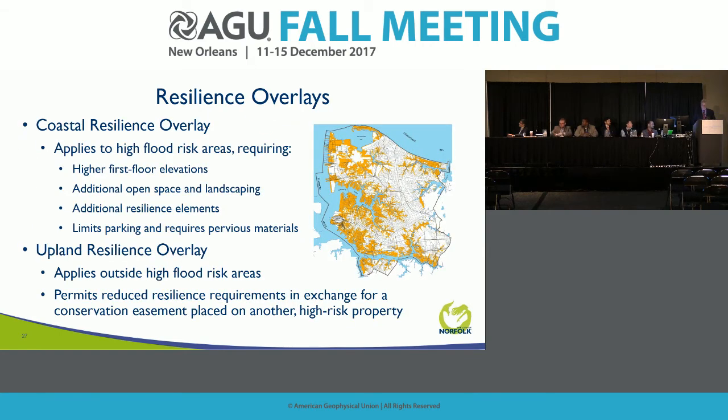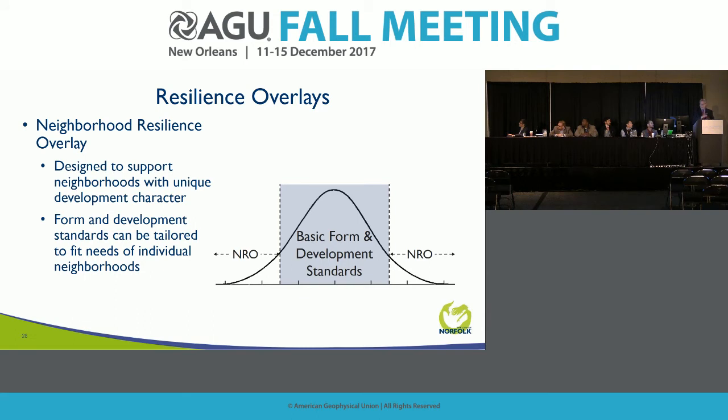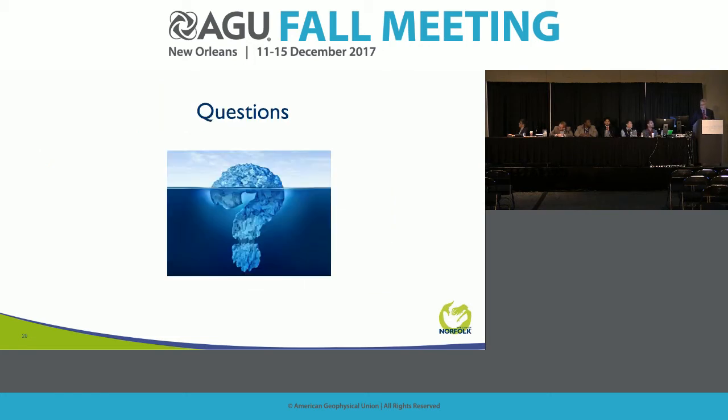And we've created some resilience overlays. I'm out of time, but the bottom line is through zoning, we've decided that there's sort of this middle 80% or so that can be addressed directly through zoning, and then the outliers on both the top and the bottom we're going to need to address through some sort of a managed process, probably a legislative process in some ways.